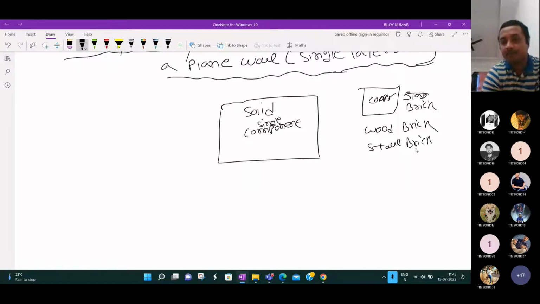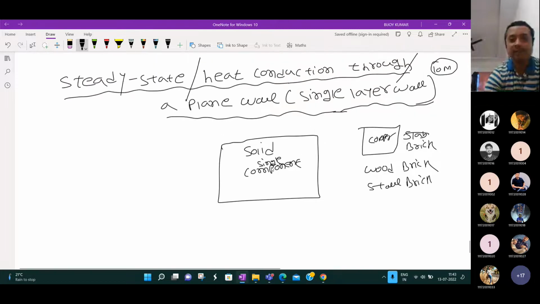It means a solid structure, and that is generally called a plane wall. Plane wall means a solid wall made up of a single component. That's why it is called a single layer wall.